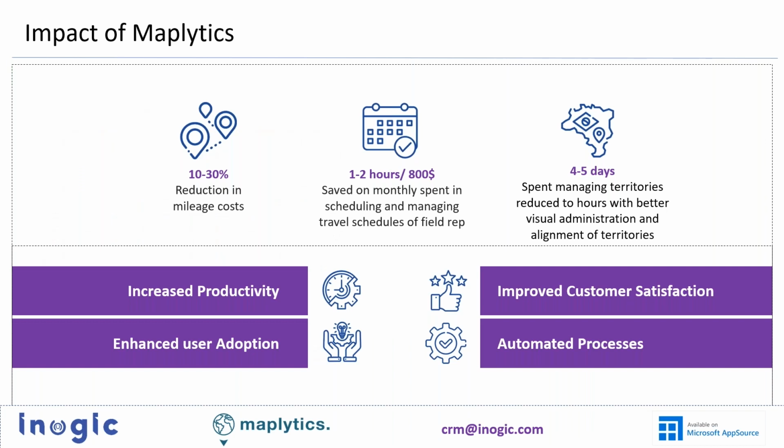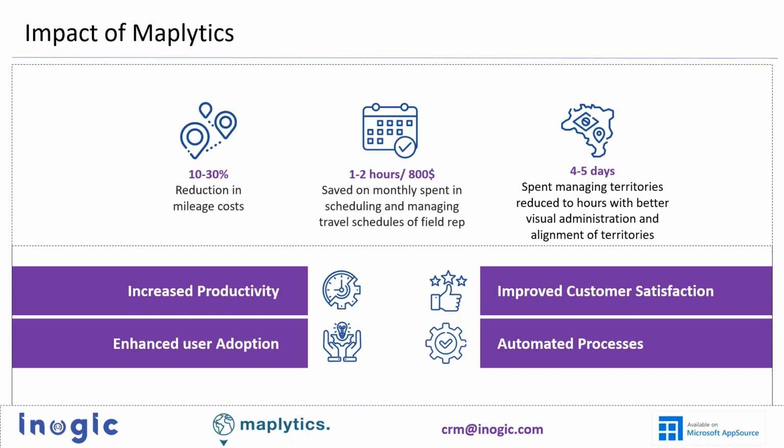Before we start with the overview of the features to be covered today, let's see a few examples of the impact of Maplytics on businesses. With Maplytics in use, organizations are able to reduce mileage cost by 10 to 30%, and we all know how valuable it is to save fuel.